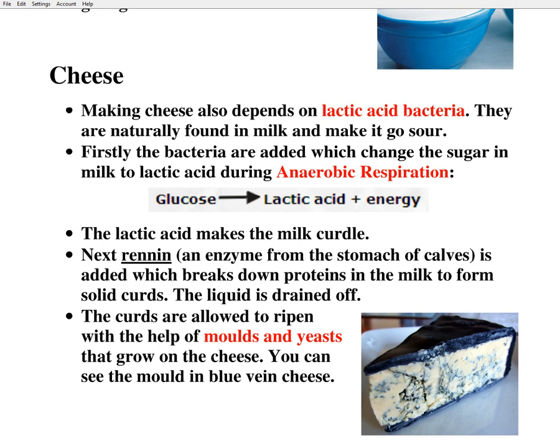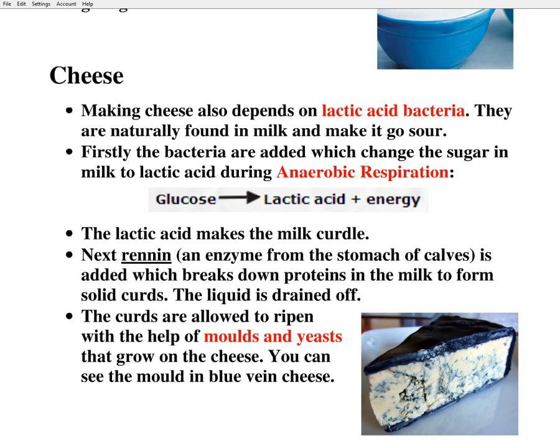So again, bacteria are a key part of making cheese, making that milk thicken or curdle, and it's the curd that's pressed and then ripened to make cheese. And molds and yeasts are sometimes allowed to grow on the cheese to give it that bit of extra kick.